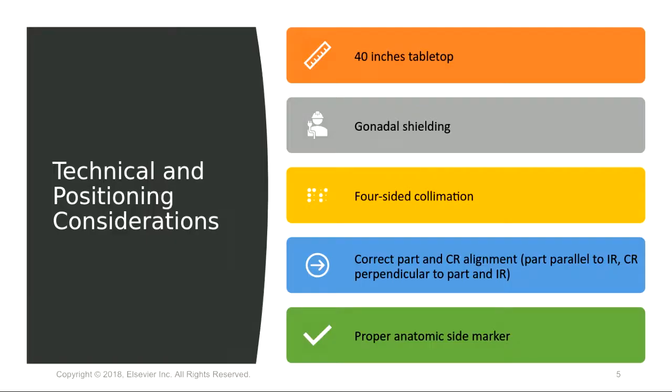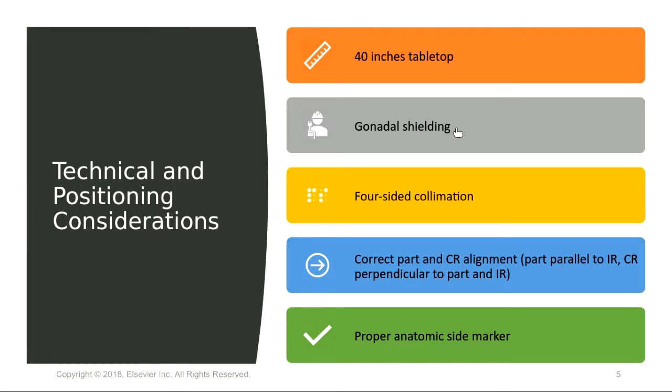Some of the technical considerations when we do these images: we're at a 40-inch tabletop. We will use gonadal shielding. Again, you're on lower extremity. Sometimes the angulation of the tube, where we're angling posterior, or what we think of as cephalic, because we're going towards the patient's head, realize that you're directing the beam more towards the gonadal area of the patient.